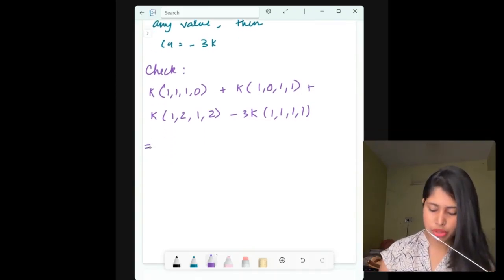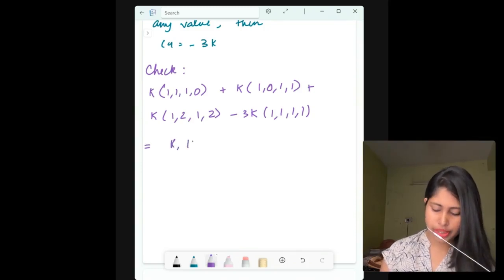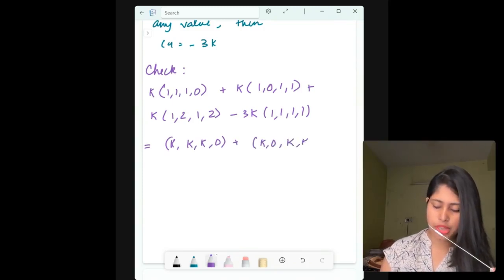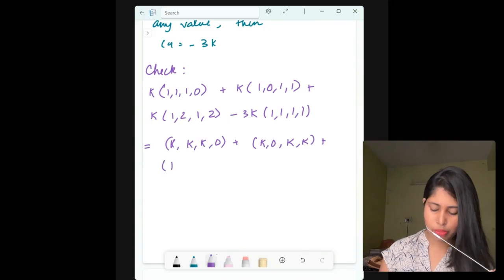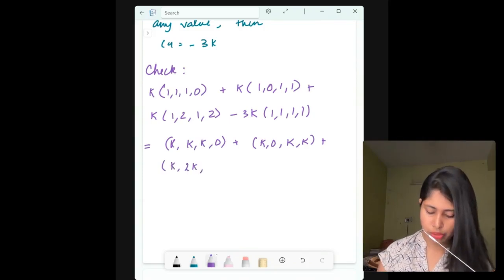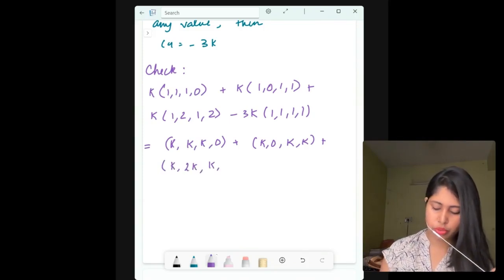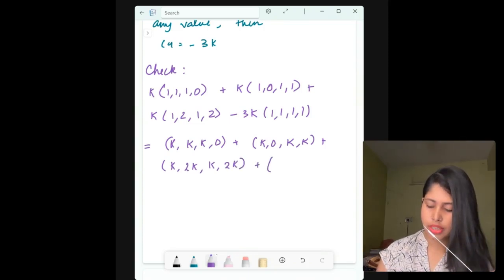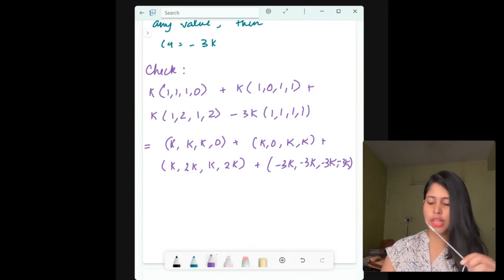So let us check if it comes out to be true. (K, K, K, 0) plus (K, 0, K, K) plus (K, 2K, K, 2K), right? And then plus (minus 3K, minus 3K, minus 3K, minus 3K). Now you just have to add it term by term.